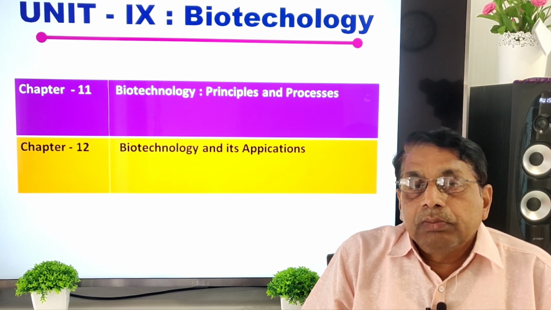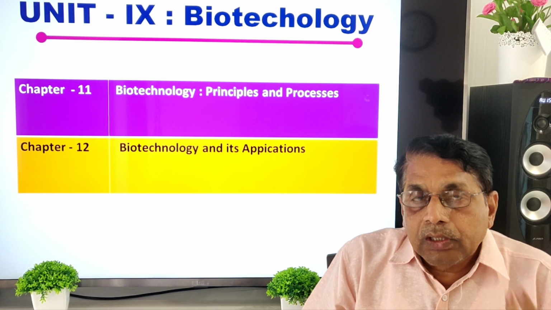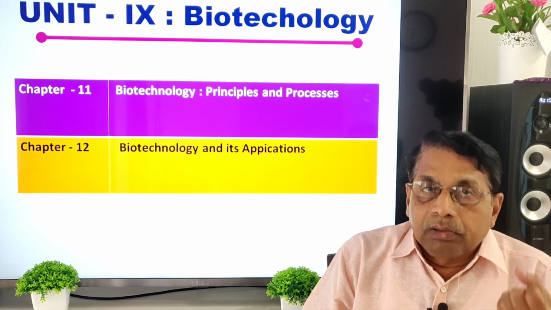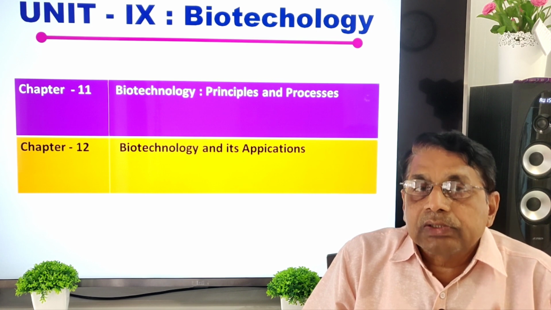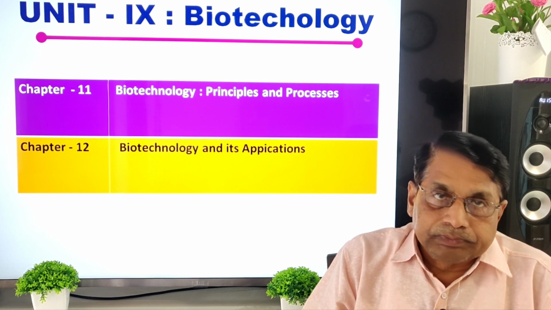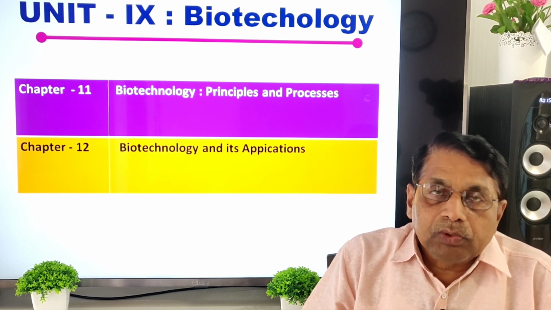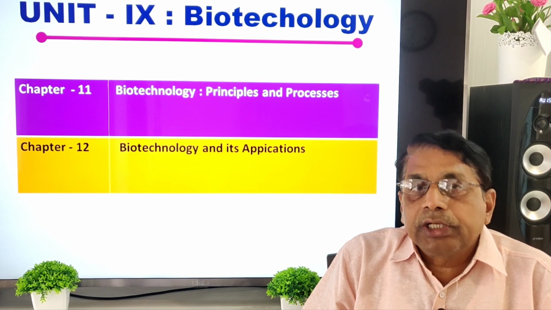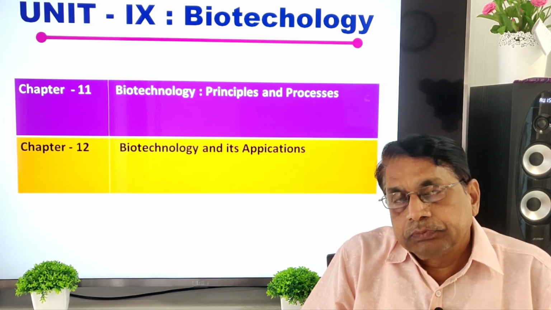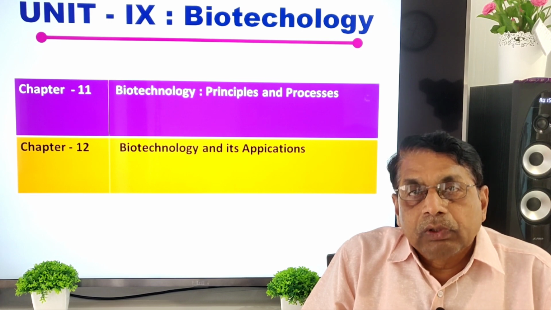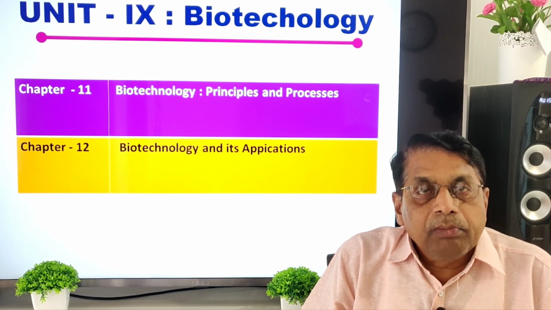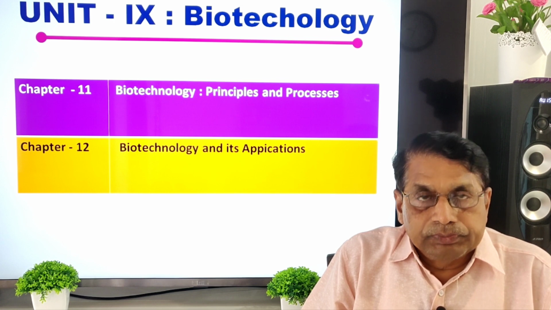Technology being used to enhance the production of various things from the living organisms. In this, the most important thing is genetic engineering, gene engineering, or we call it recombinant DNA technology.